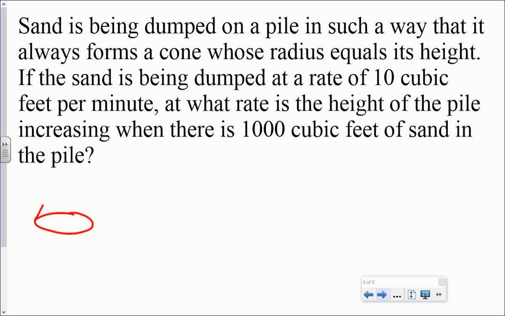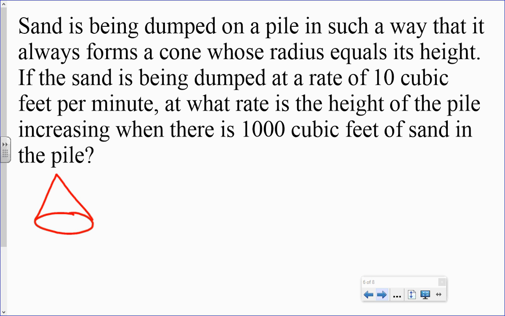We have a pile of sand in the shape of a cone, do you agree? And as they pour the sand, you can even imagine it, right? As you pour sand, the pile's getting bigger.